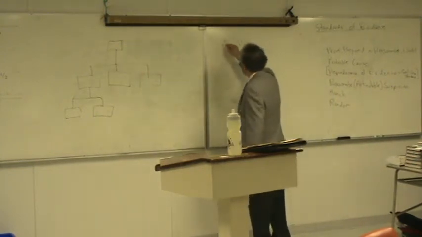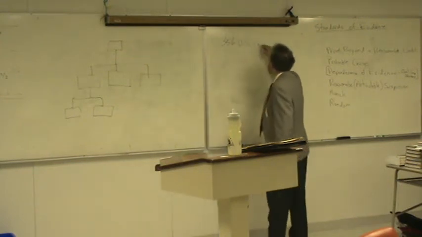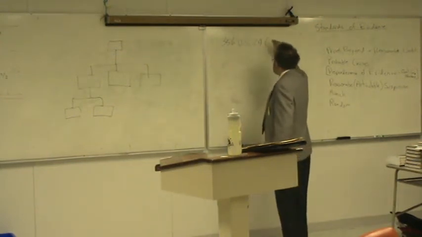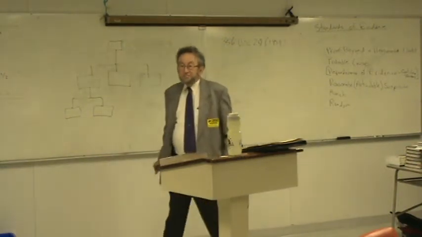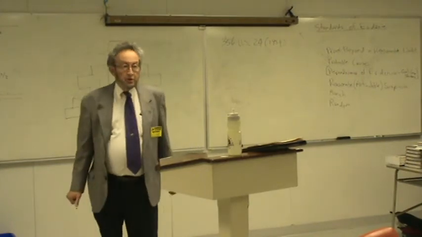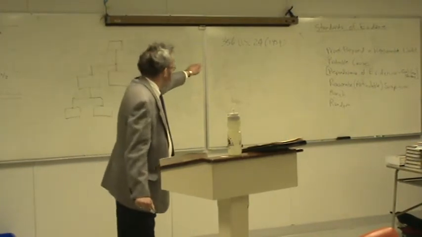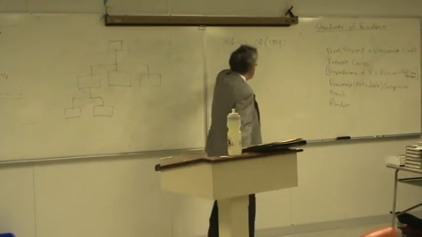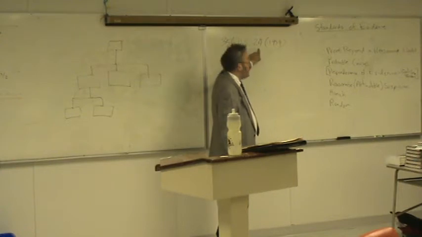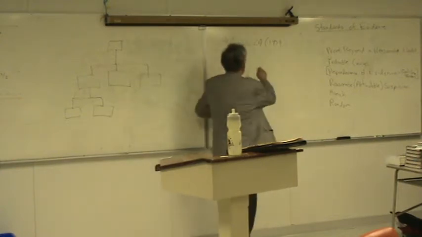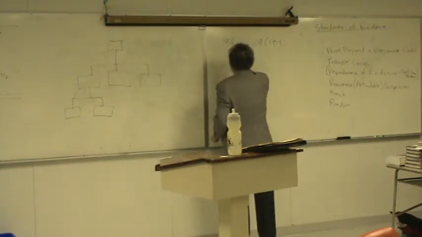So if you see this, this is a hypothetical. That's volume 356 of the U.S. Reports. And the number after is the first page of the opinion. Let's say you were quoting from page 35, you do this.